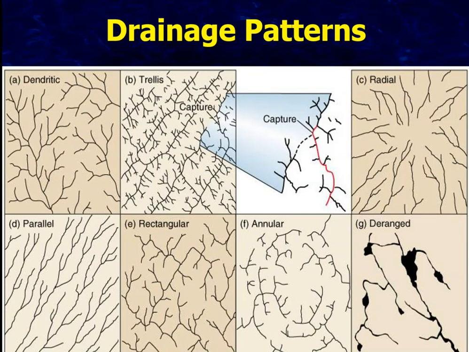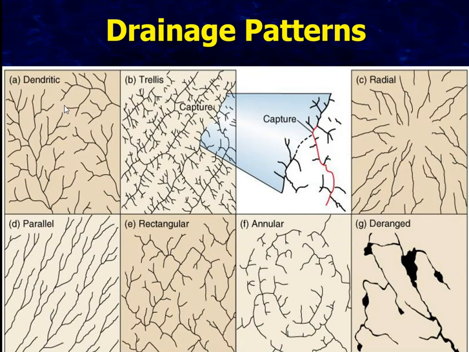So if we look at an area where the rock is uniform, it's not cracked, where it's pretty consistent, you're going to create this dendritic pattern. This is a pattern we see like on the backs of leaves. It's a system that nature evolves to equally drain areas, and it looks like branches on a tree. This would be the one that would tell you there's nothing weird in the underlying structure. All the other ones, something else is going on.